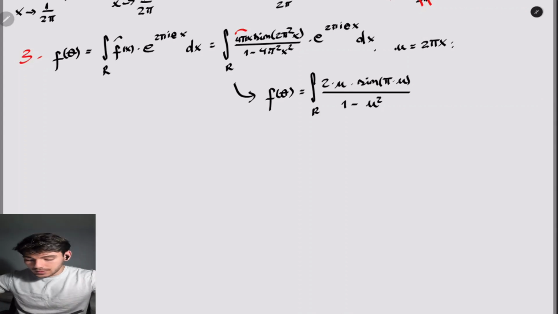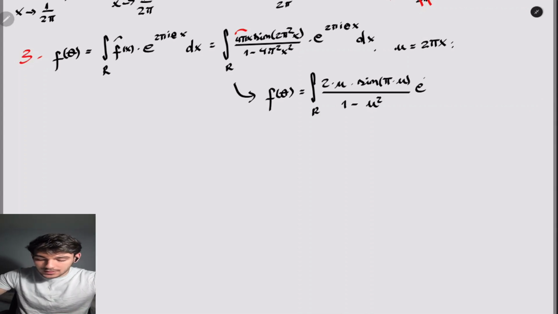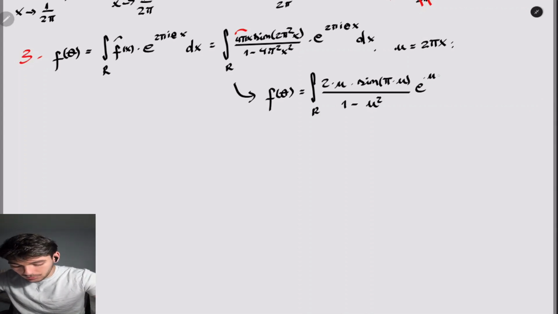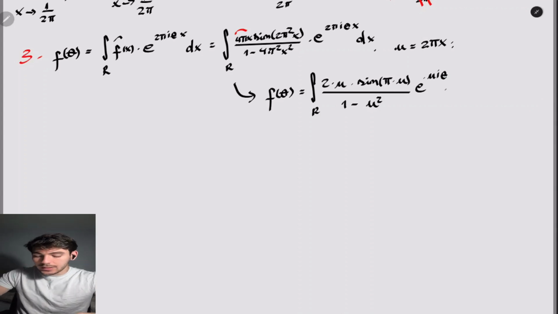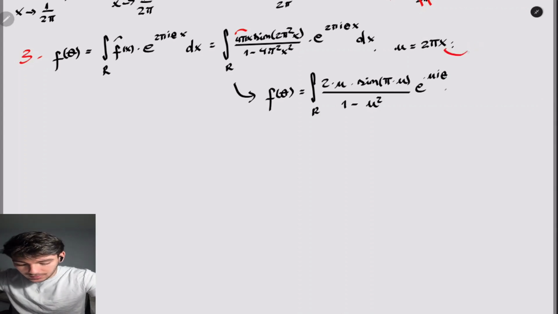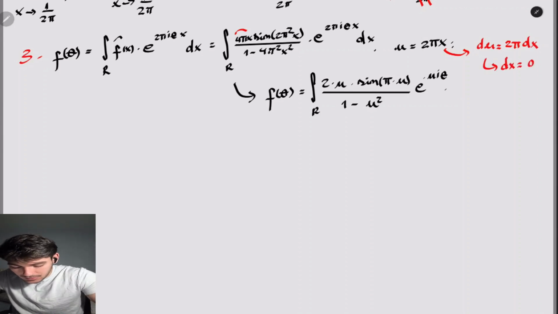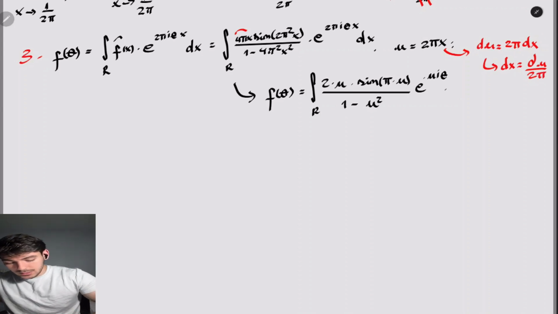Here we have the exponential of 2 pi x i theta, so u i theta, and here we have dx. Since we have this change of variable, our du will be 2 pi dx, so dx equals du divided by 2 pi. So let's substitute it here. Since we have dx here, we'll have du divided by 2 pi.